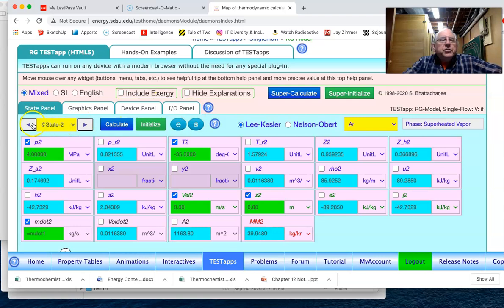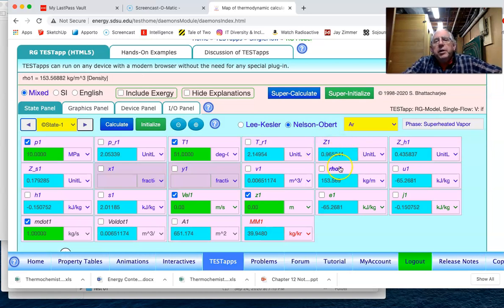Now, for these two states, if we look at the first state, we see that we're about 3.5% below the ideal gas behavior. Our compressibility factor is about 0.96. Here's our departure value as well as our entropy departure value.